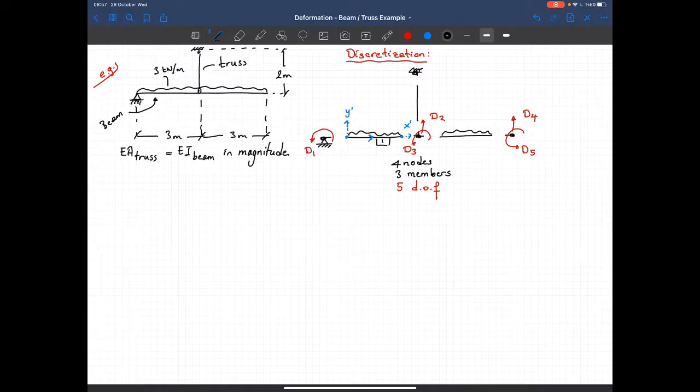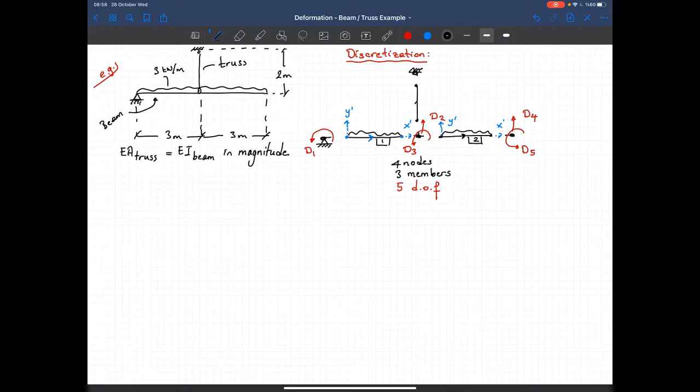Let's say that that's the second member, and I define it from left to right. According to this definition, this is its local x-axis, that's the local y-axis, and I'm defining the truss member.